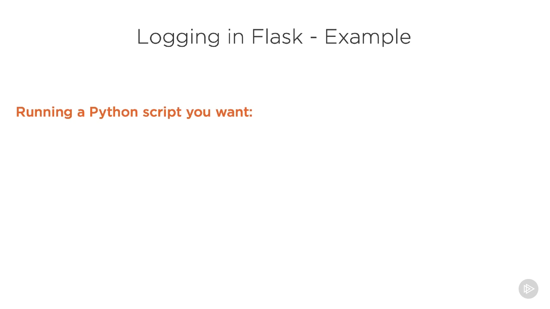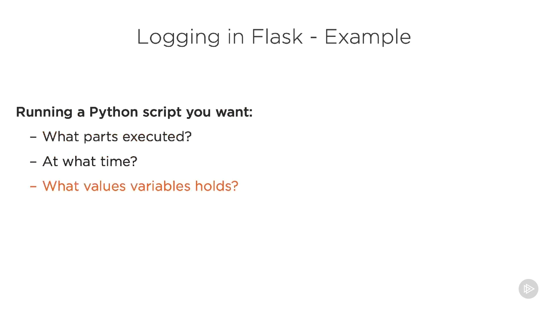Imagine you are running a Python script and you want to know what part of the script was executed, at what time, and in certain cases, inspect what values the variables hold. Usually, you may just print out meaningful messages so you can see them in the console. And this probably is all you need when you are developing small programs.